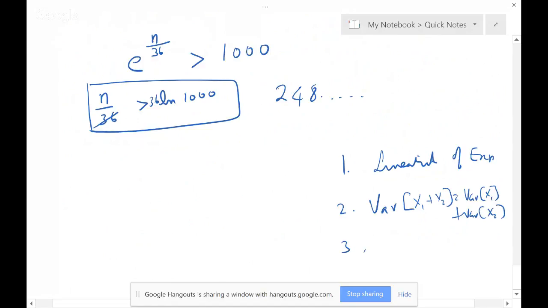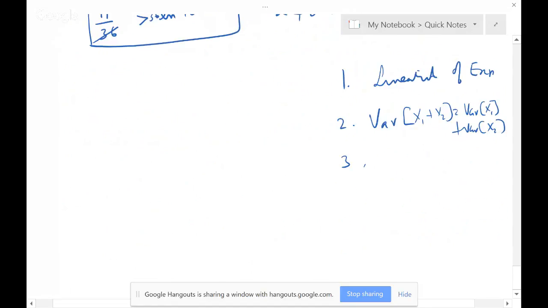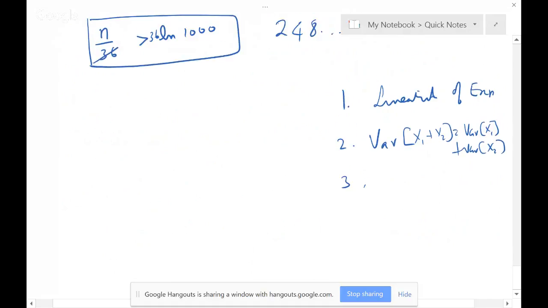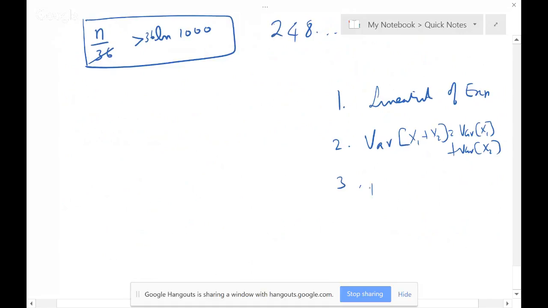And let's say the third one, just to illustrate the point, was: the probability of heads in 3 unbiased coin tosses is 1/8.